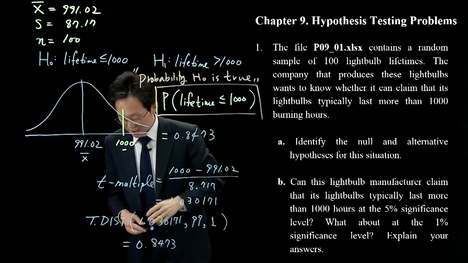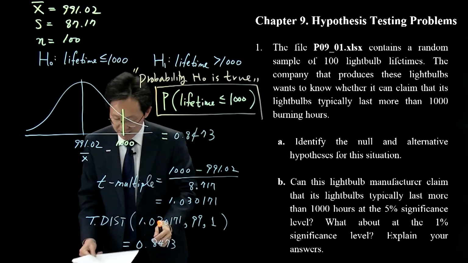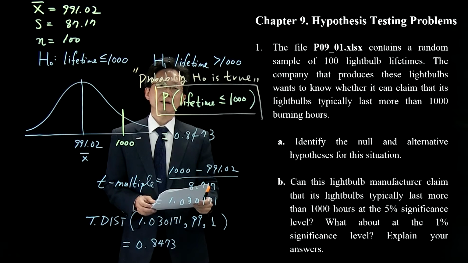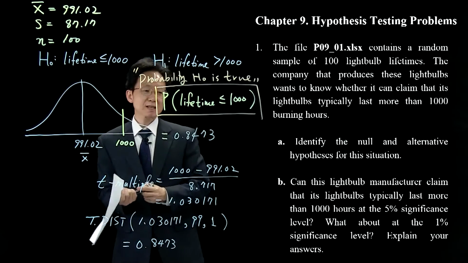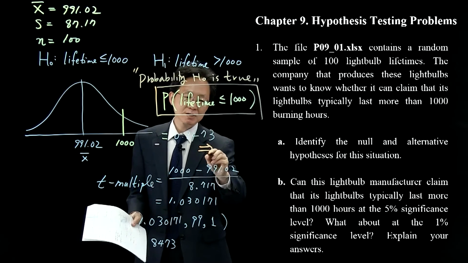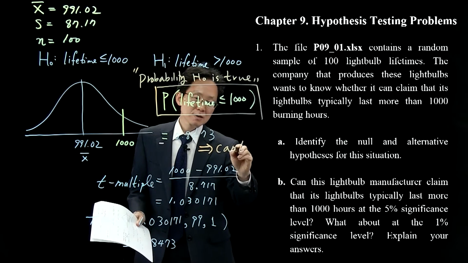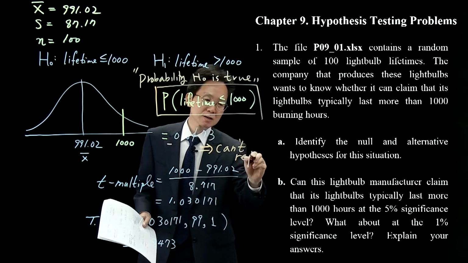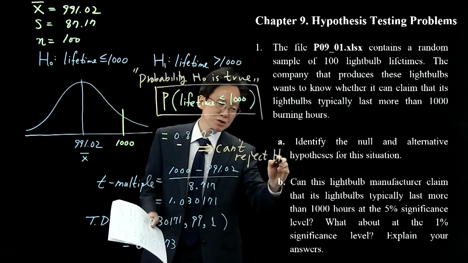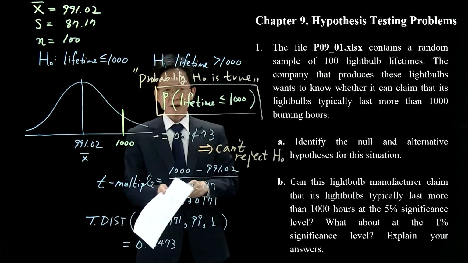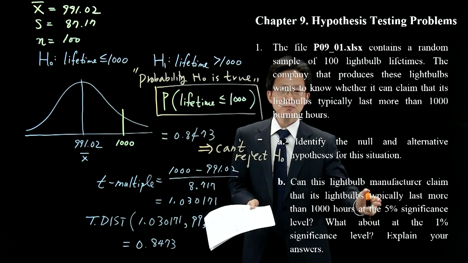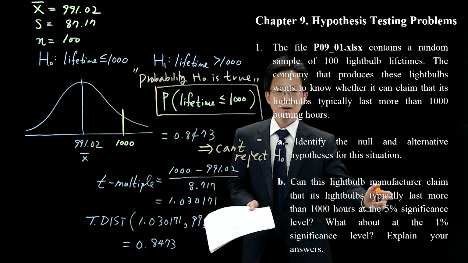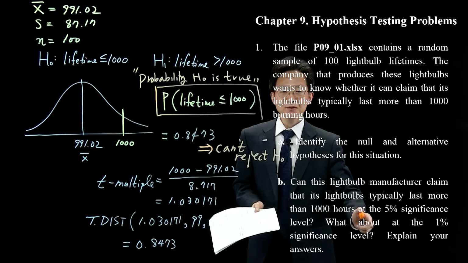In other words, I cannot say my statement is true. In other words, the outcome is I cannot reject H0. But I want to pay attention to the terms 5% significance level and 1% significance level.